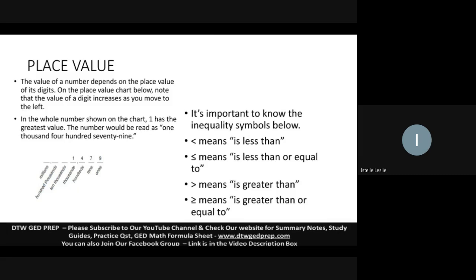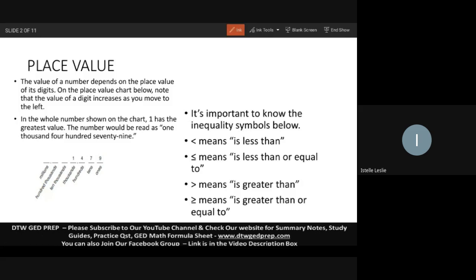So from behind, we have ones, tens, hundreds, thousands, ten thousands, hundred thousands, and then millions. And if you have a decimal to this, immediately after the decimal, you have tenth.